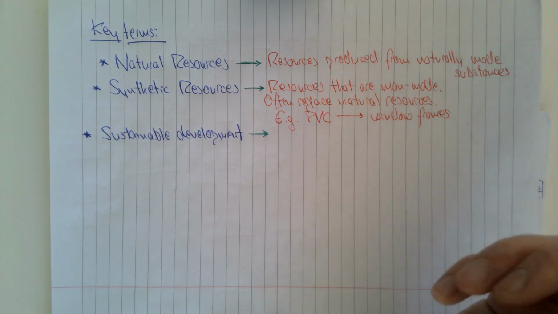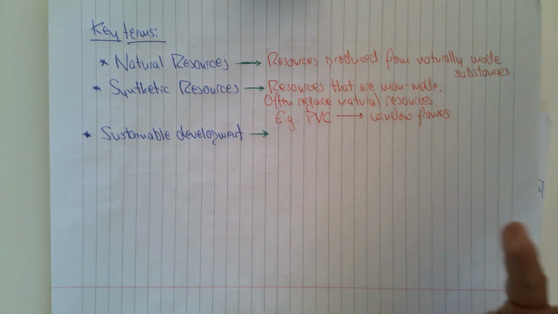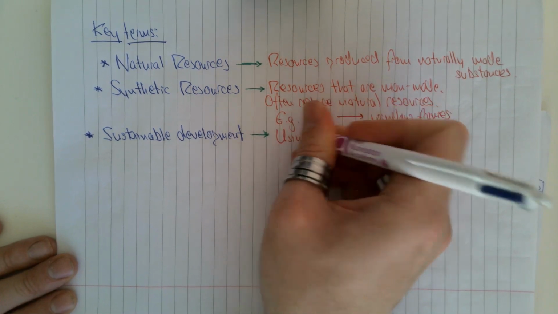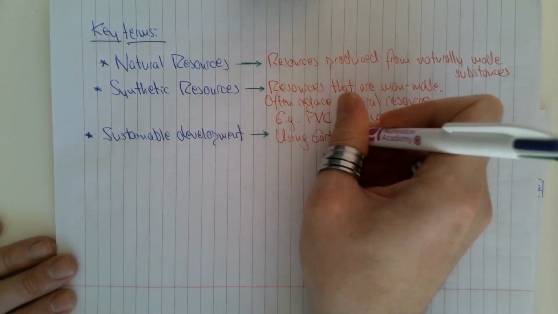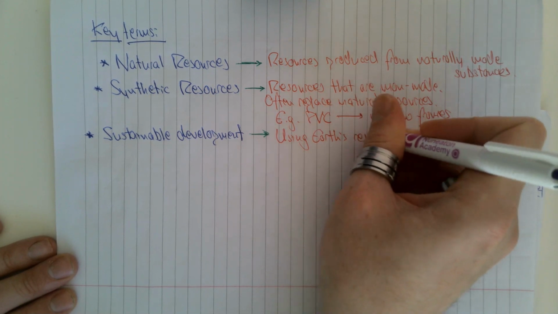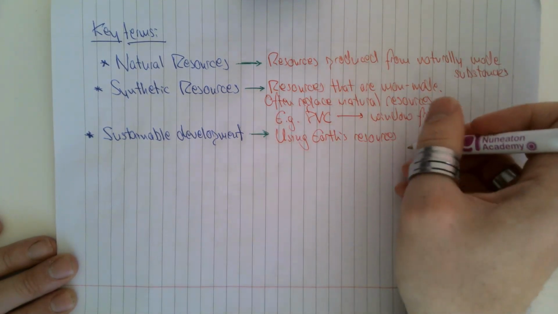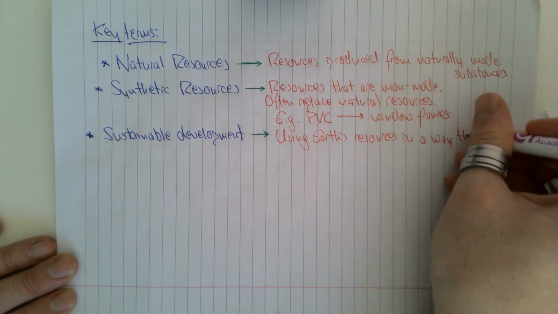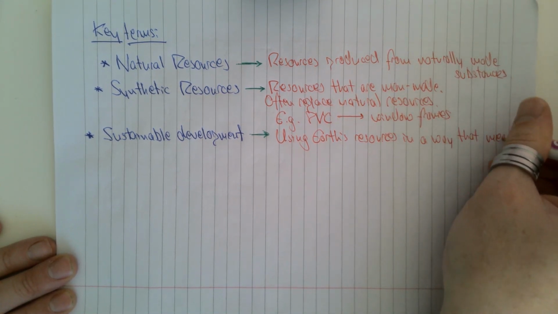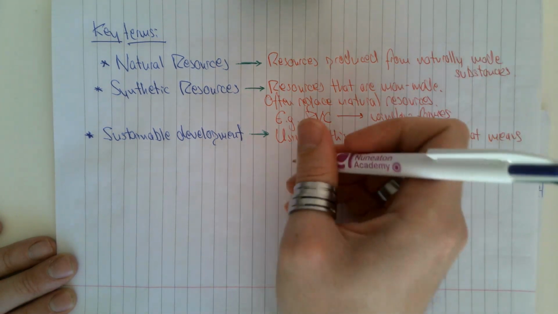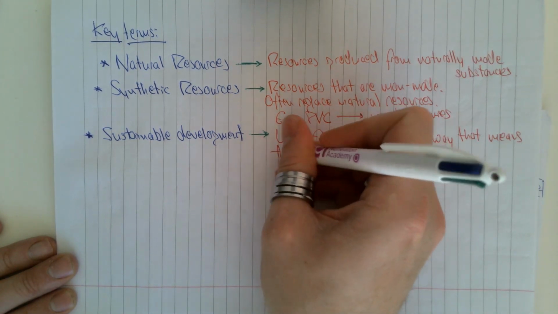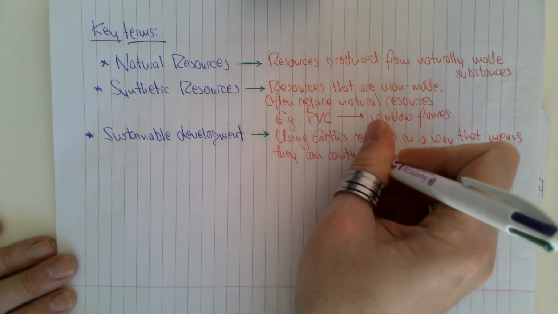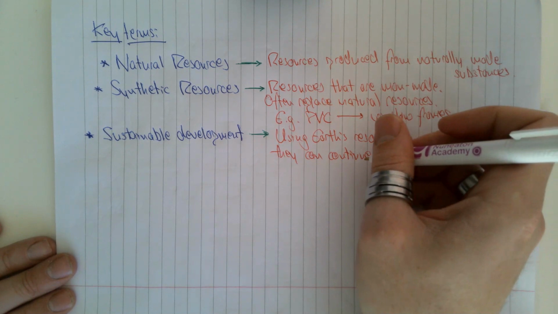Link back to that idea of renewable resources, and sustainable development is basically described as using Earth's resources in a way that means they can continue to be used in the future.